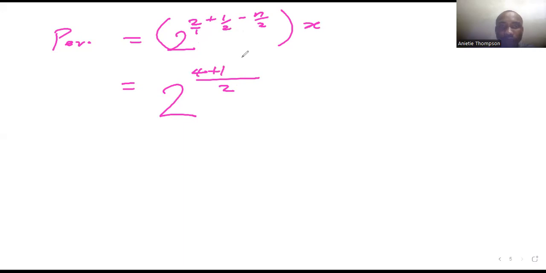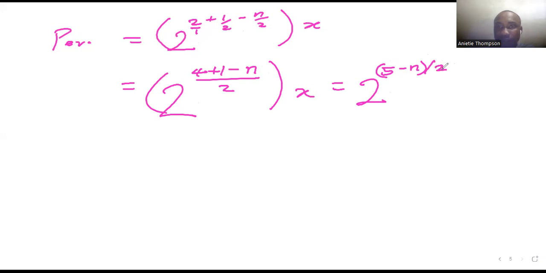Then 2 goes into 2 again is 1 times n is n. Then times x here. X is outside. And that will give us 2 raised to the power of 5 minus n, let's make it neat, divided by 2 like this times x.